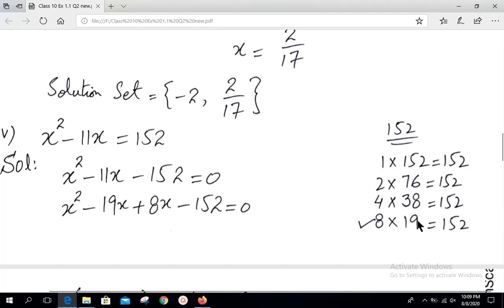Then after that 5, 6 and 7, they don't divide 152. So our next number that divides 152 is 8, and luckily this is suitable in this required solution. 8 into 19 gives us 152, whereas 19 and 8 have a difference of 11.